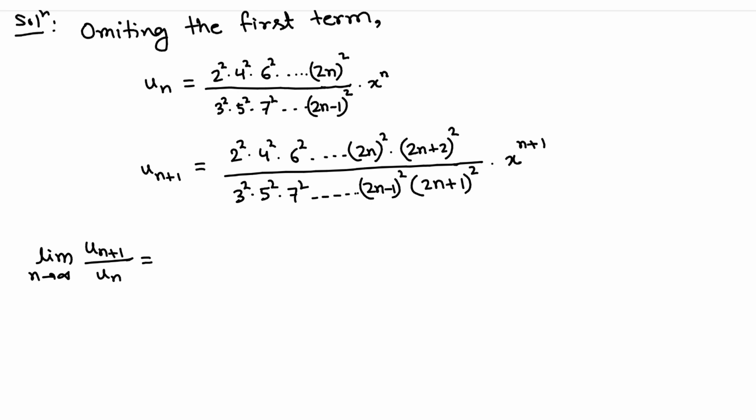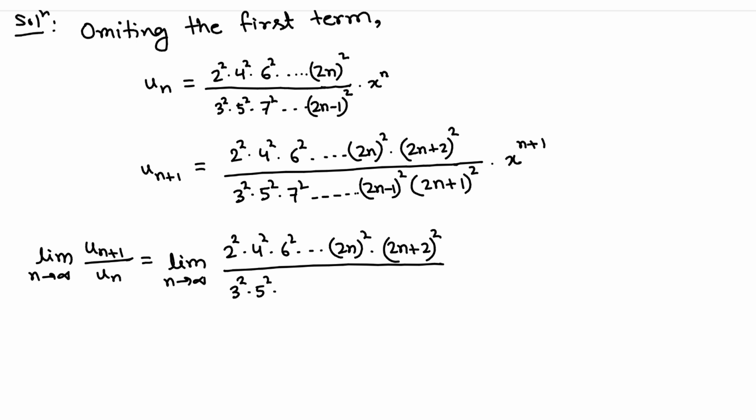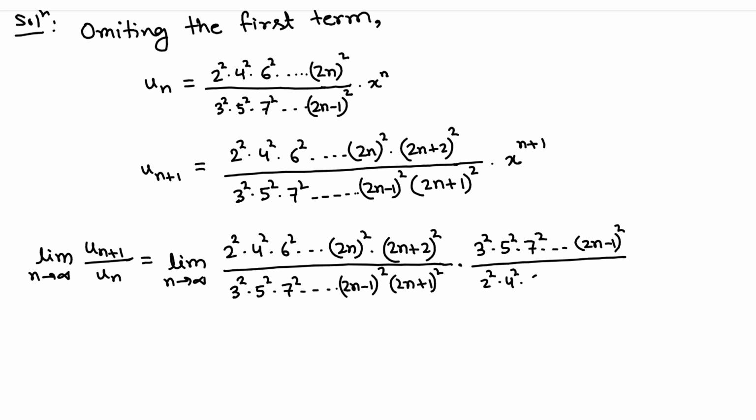So limit n tends to infinity un plus 1 by un will be limit n tends to infinity 2 square into 4 square into 6 square dot dot dot 2n square into 2n plus 2 square, divided by 3 square 5 square 7 square dot dot dot 2n minus 1 square into 2n plus 1 square, divided by un, so this will be reversed.